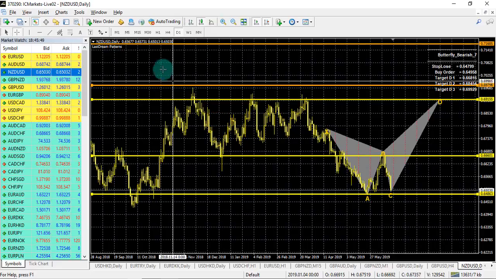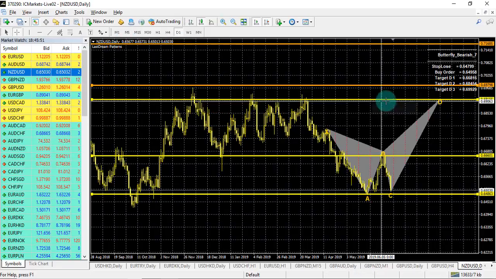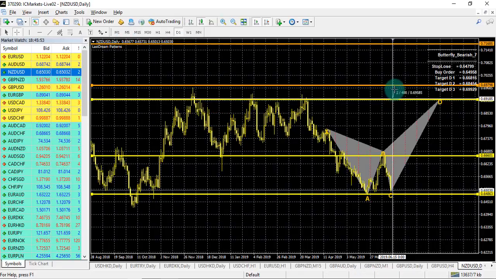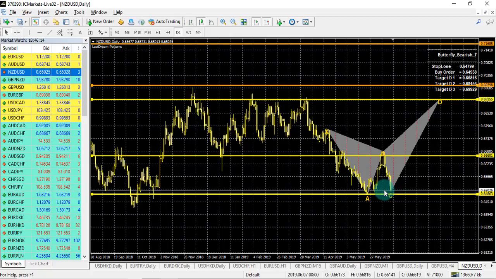Let's see what we have in terms of risk. We risk about 65 pips to make first target 254 pips, second target 430 pips.